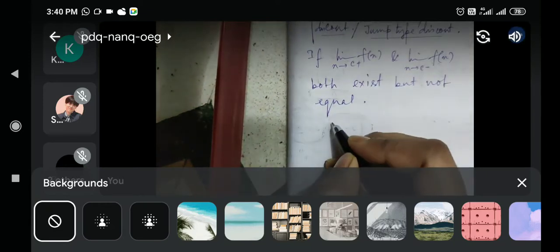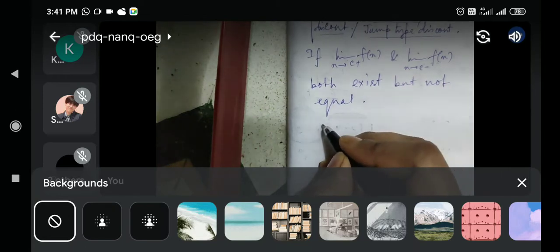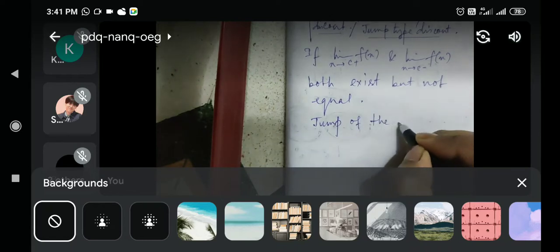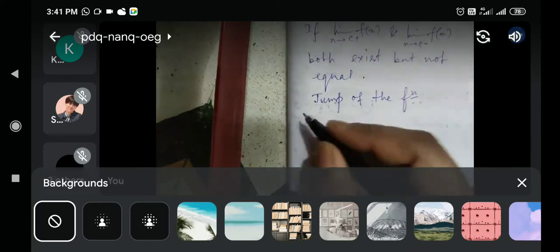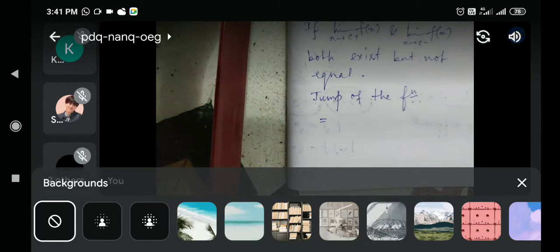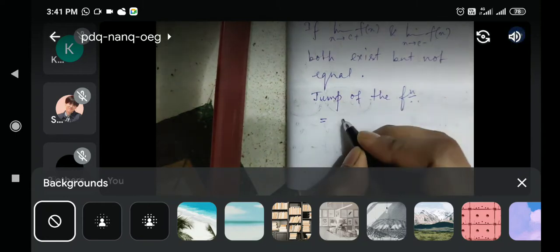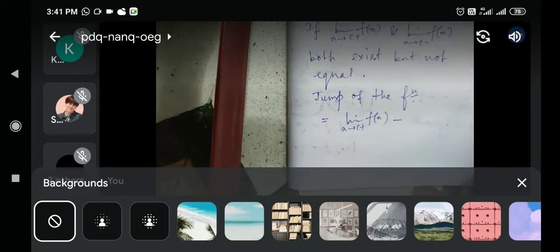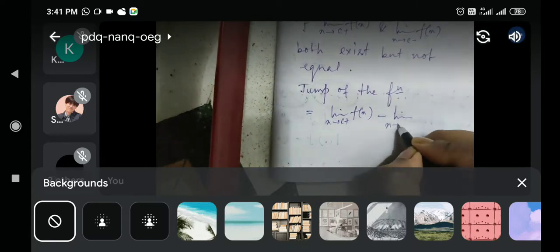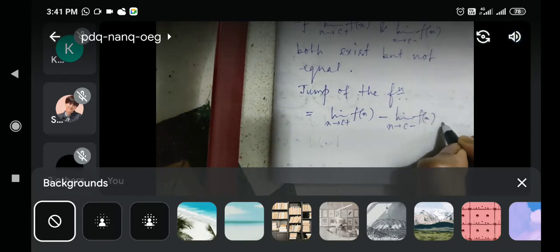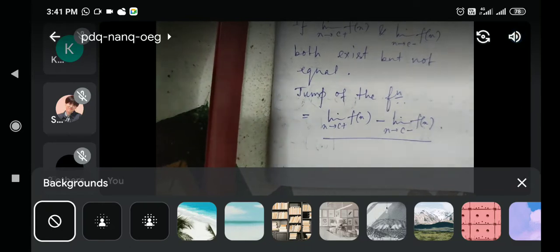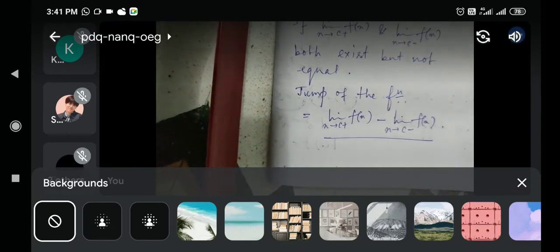And here, one thing also occurs in that function, which is called the jump of the function. The jump of the function is defined as the difference between the two values, that is, the limiting value at the point plus minus the limiting value at the point minus. This is called the jump of the function.